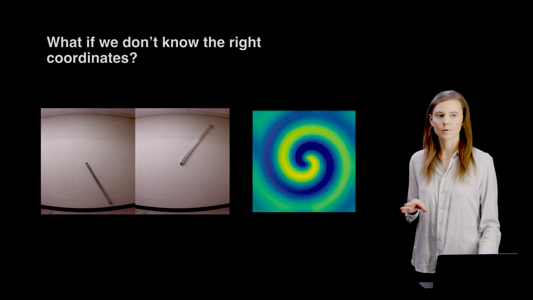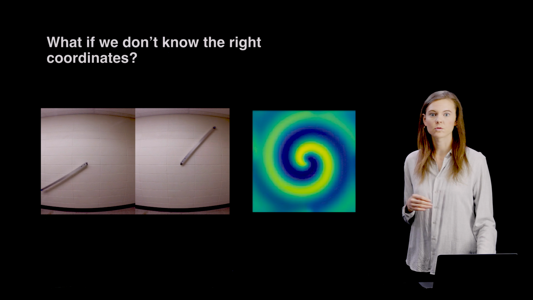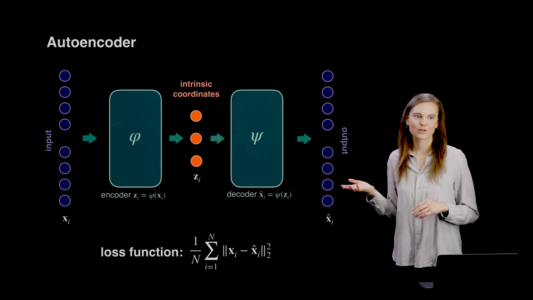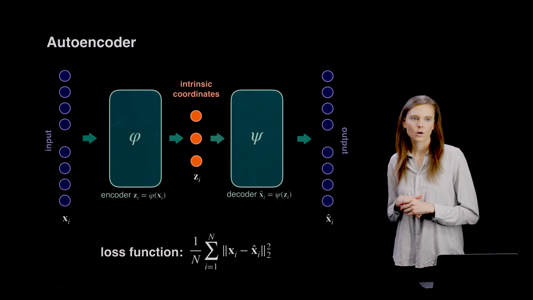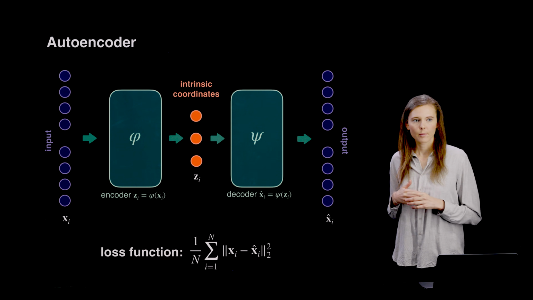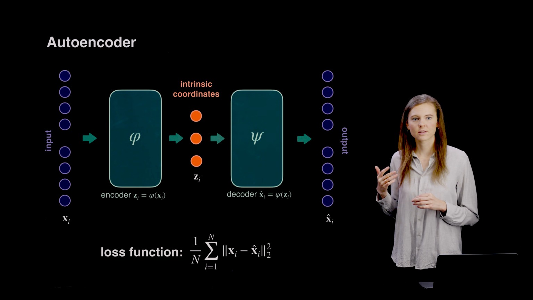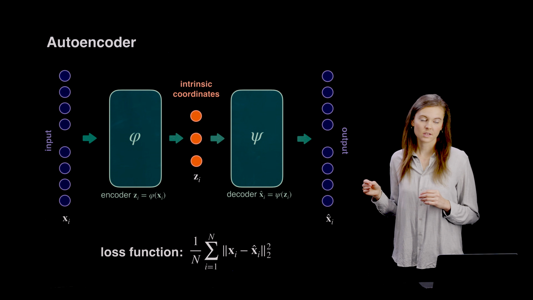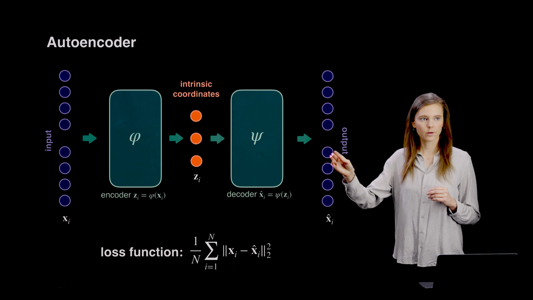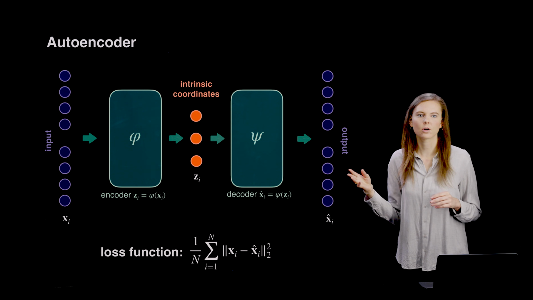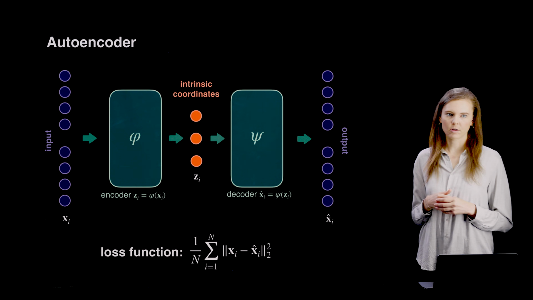In particular, the method we introduce uses autoencoders for discovering reduced coordinates. So I'm going to start by talking to you about autoencoders. An autoencoder is essentially just a simple feed-forward neural network, but rather than training it to do some task such as classification or prediction, you train it to reproduce its input as its output, and then the goal is to identify some set of intrinsic coordinates or latent code that hopefully tells you something interesting about your data.